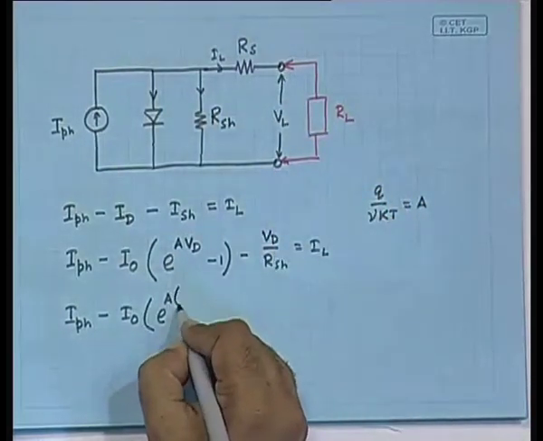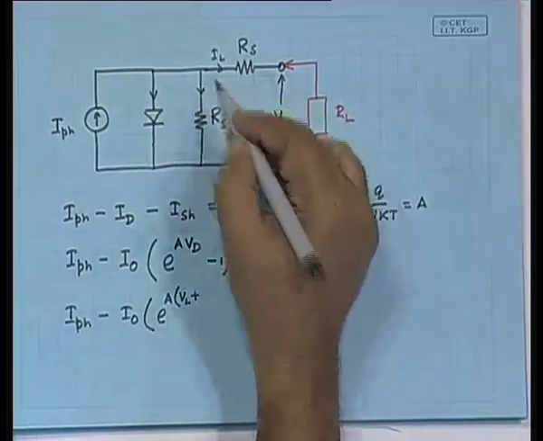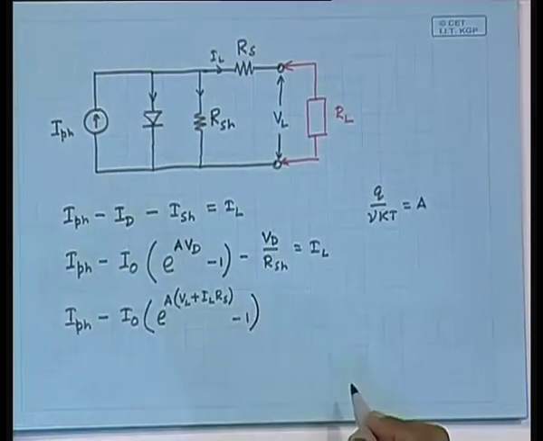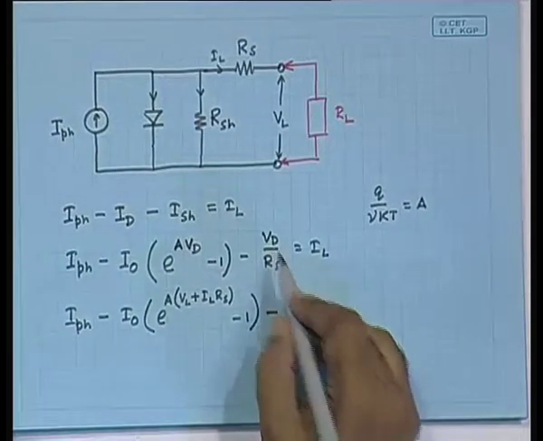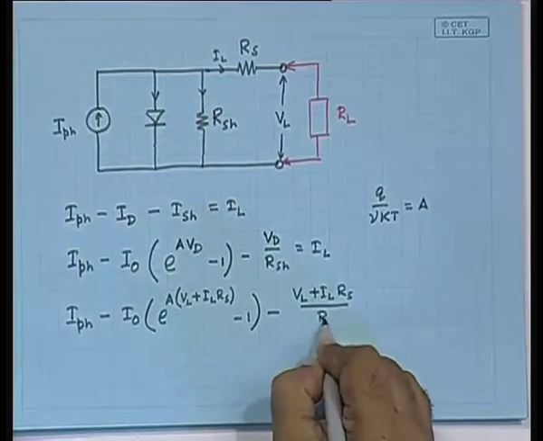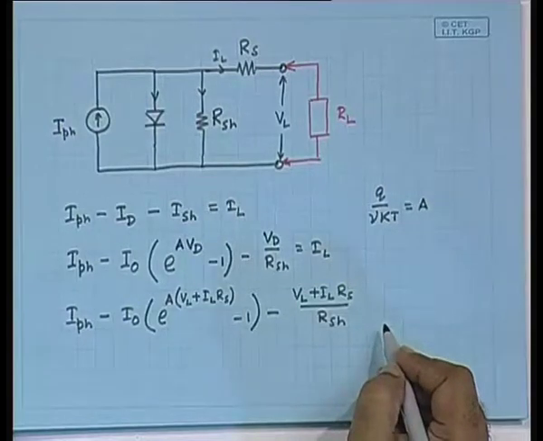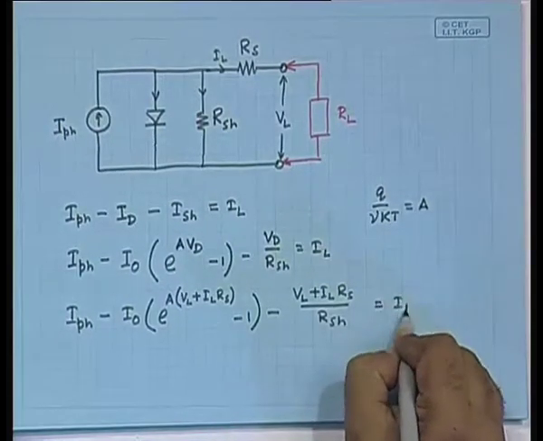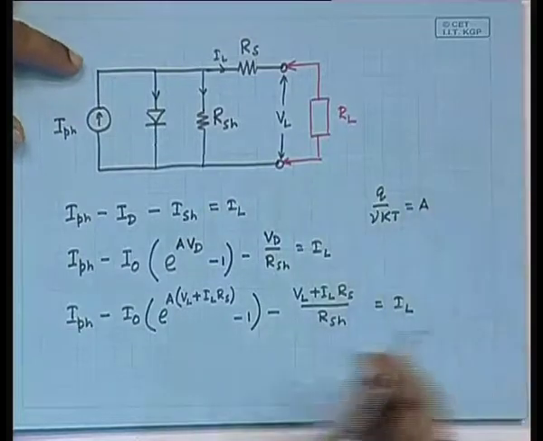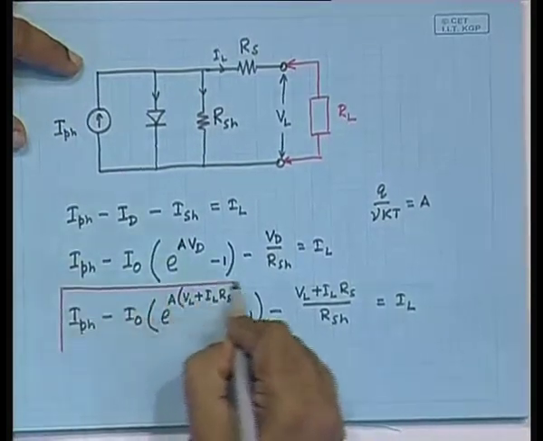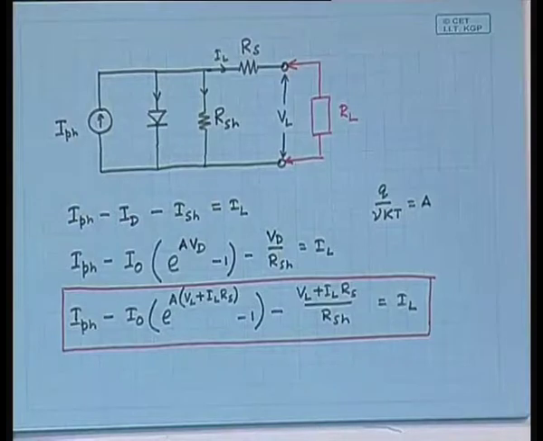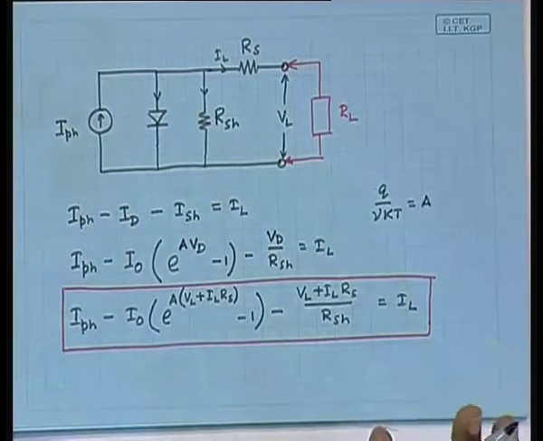V_L plus I_L R_S minus 1 minus V_D is again is equal to I_L. This is the complete equation of the photovoltaic panel that relates the voltage and the current. Okay. This is a complete equation.